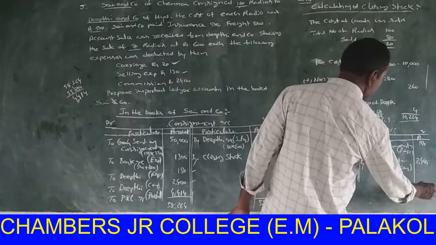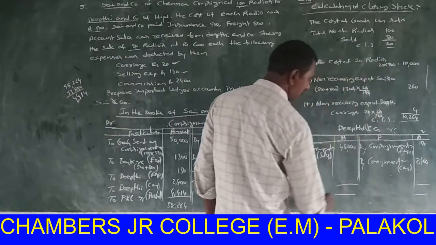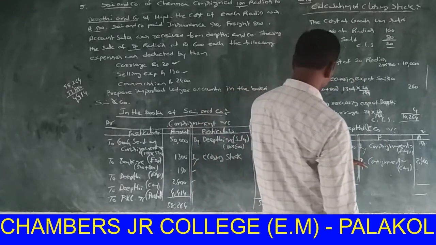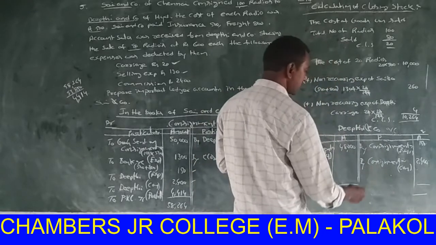Here no advance is there. So that debit side amount is bigger than the credit side amount.